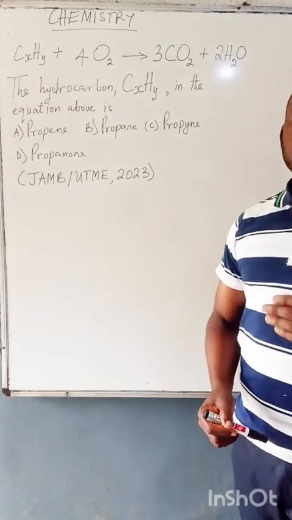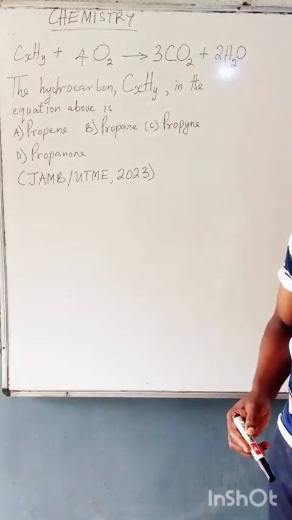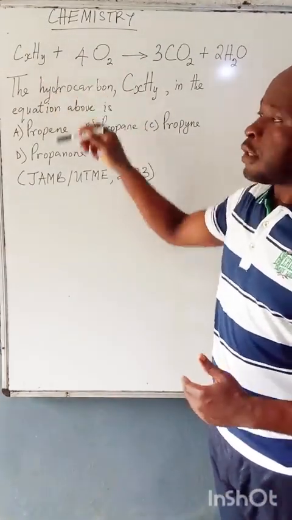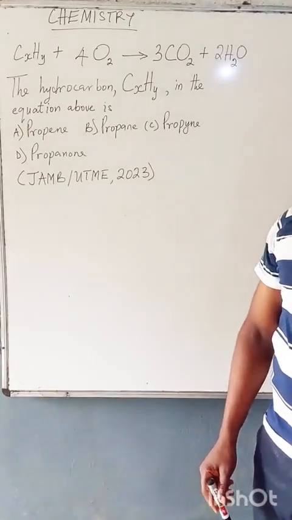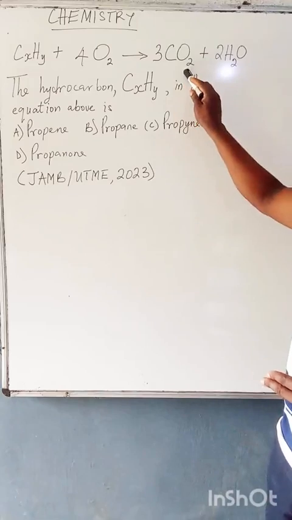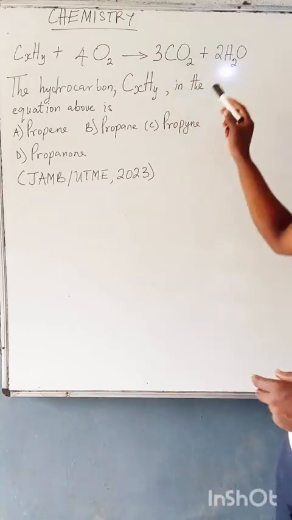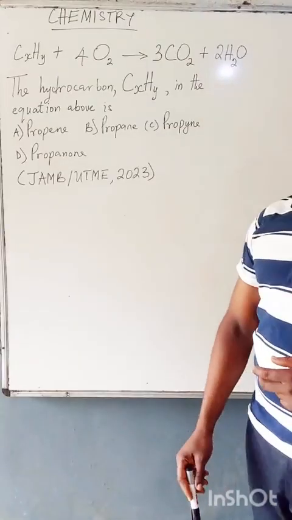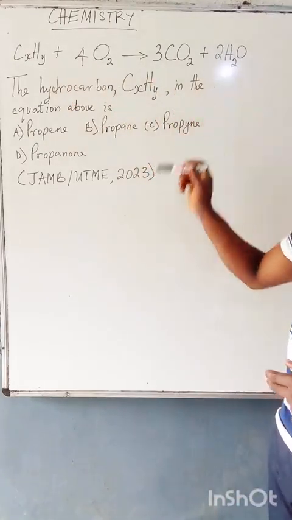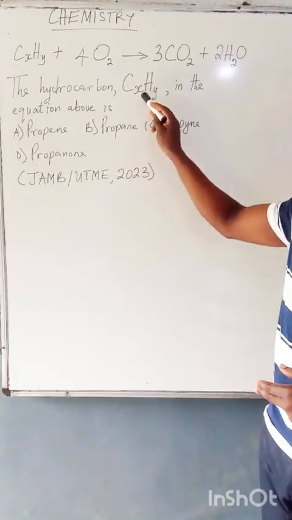When a hydrocarbon is burnt in air, when it reacts with oxygen like this, only two products are given. Those products are CO2, that's carbon dioxide, and steam. If we're able to balance this equation, it is easy for us to find out what the subscripts are.